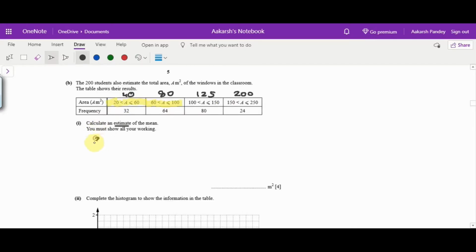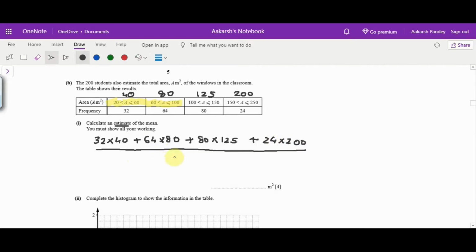So my mean will be 32 times 40 plus 64 times 80 plus 80 times 125 plus 24 times 200, the whole divided by 200 because we had 200 students. The mean value is 106 meters square.